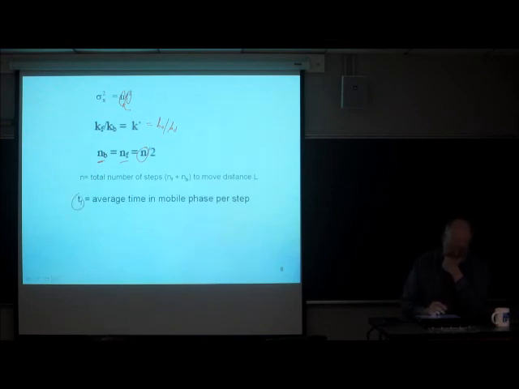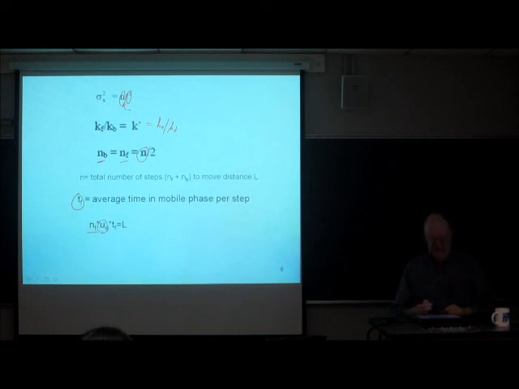Now let's consider TF, the average time spent in the mobile phase per step. Well, if NF is the total number of forward steps, and UE is the velocity of the solute when it's in the moving phase, and TF is the time that it spends per step in the moving phase, then the product of NF times UE times TF has got to be the length of the column.